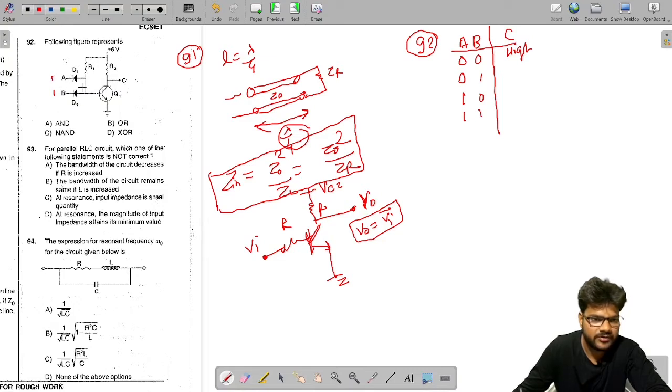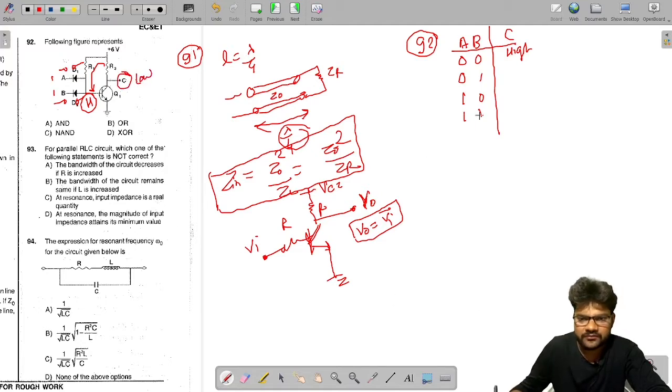With both diodes off, this is an open circuit, so the high voltage will be connected to the base terminal. The input at the base will be high, and since the circuit acts as an inverter, at the output terminal we will have low voltage. So if the input is 1 1, the output will be low.